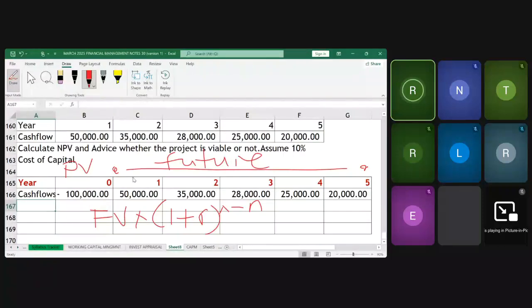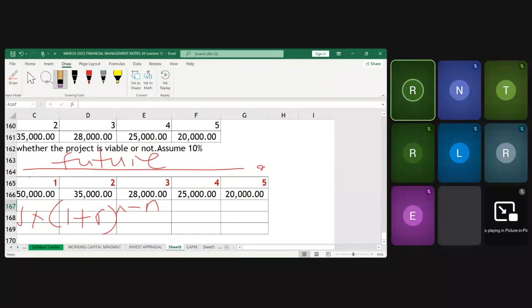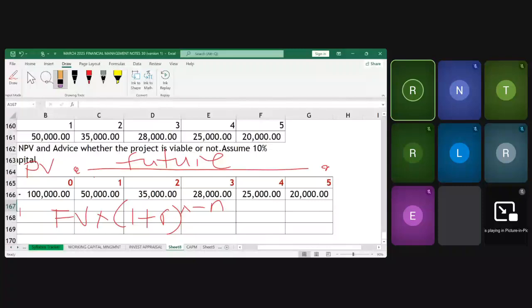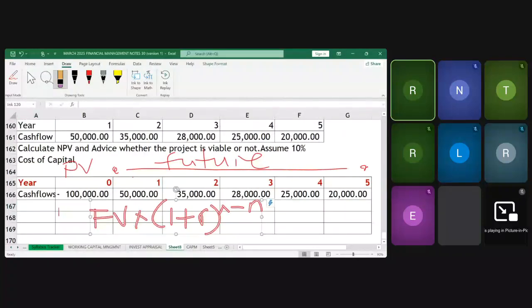So we want to create our discount factors separately. 1 plus r to the power n, that's what is missing there. The future values are already there, our future values are the cash flows. At the end of the day, we want to multiply the future value and that discount factor, (1 plus r) to the power n. So let us do that, okay?